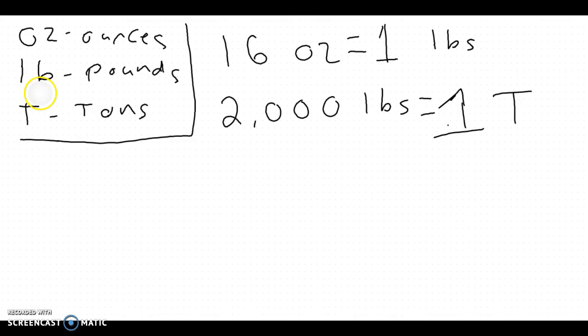So these are the conversions that we're going to need to remember as we go throughout the lesson today. We need to remember that 16 ounces is 1 pound and 2,000 pounds is 1 ton.